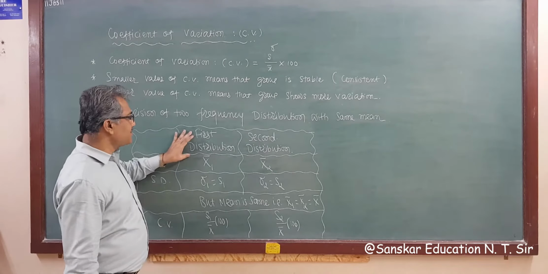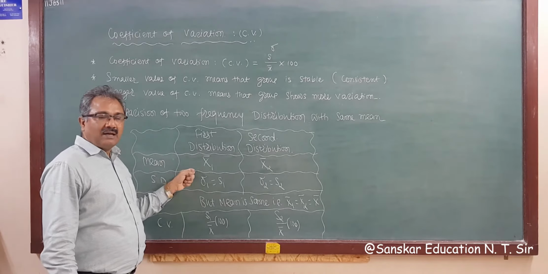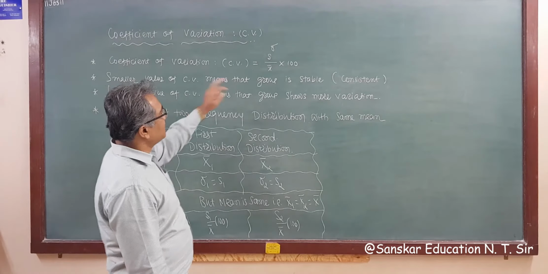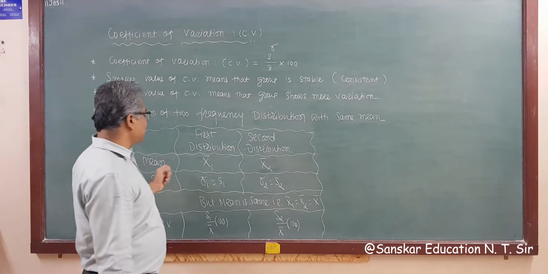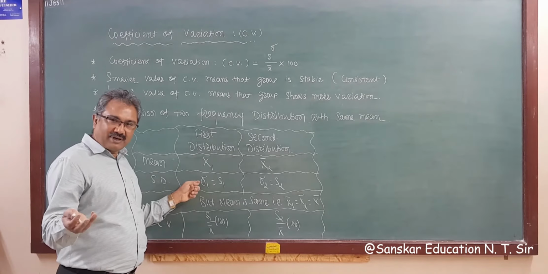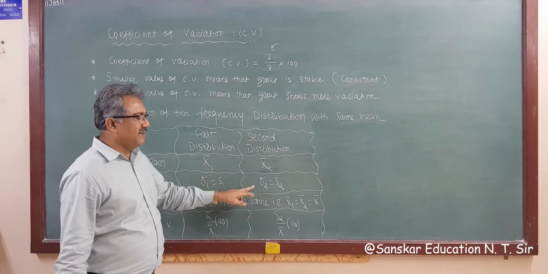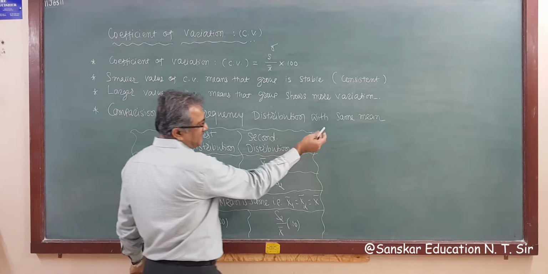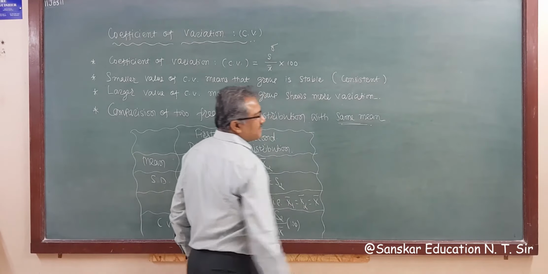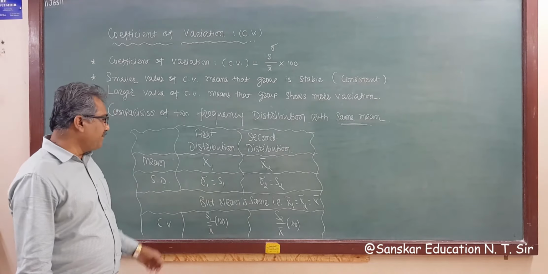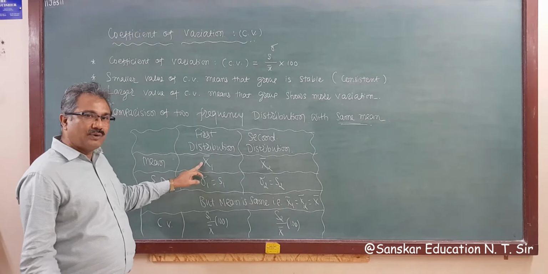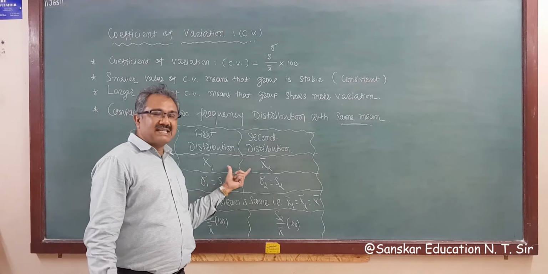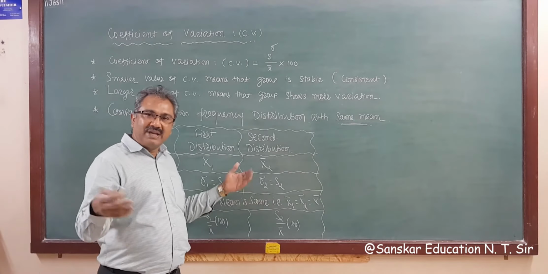For the first distribution the mean is x1 bar, and for the second distribution the mean is x2 bar, and the standard deviation we require is either sigma 1 or s1, you can take any one symbol, and this is sigma 2. But what is our question? With the same mean, means the mean is the same. So x1 bar is equal to x2 bar, and we consider this value as x bar, that is, the mean.